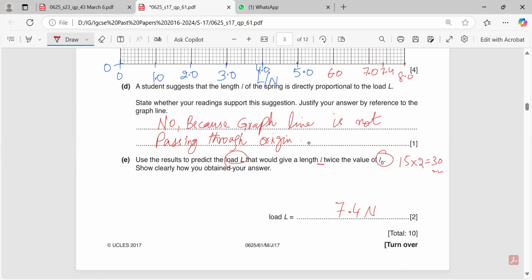So our answer is correct, because when I'm checking it through the mark scheme, it says any answer from 7.2 to 7.8. So our answer is within the range.